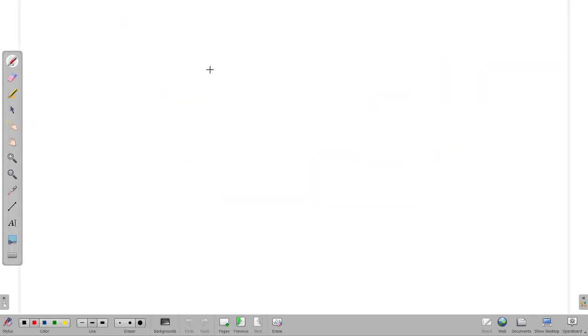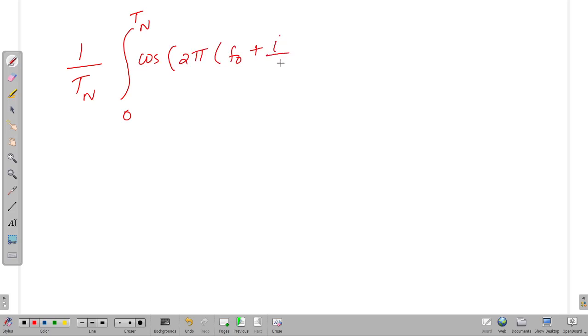In order to prove that they are orthogonal, we'll try to solve this equation: 1 divided by Tn, integral 0 to Tn, cos 2 pi (f naught plus I divided by Tn) t.